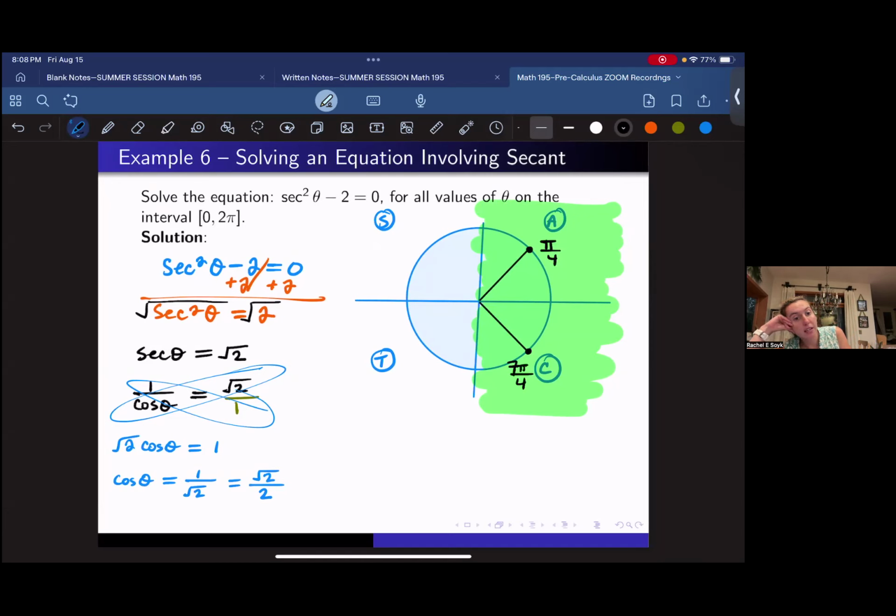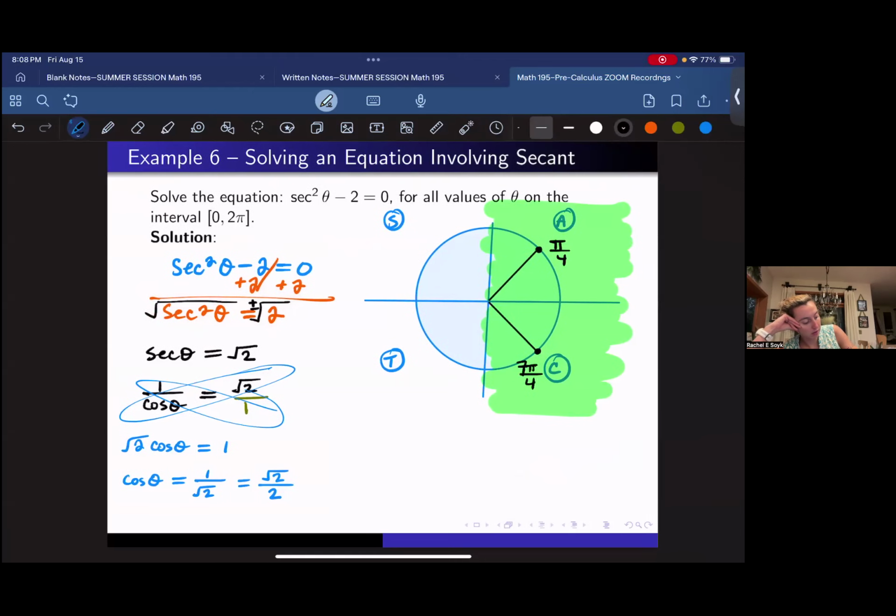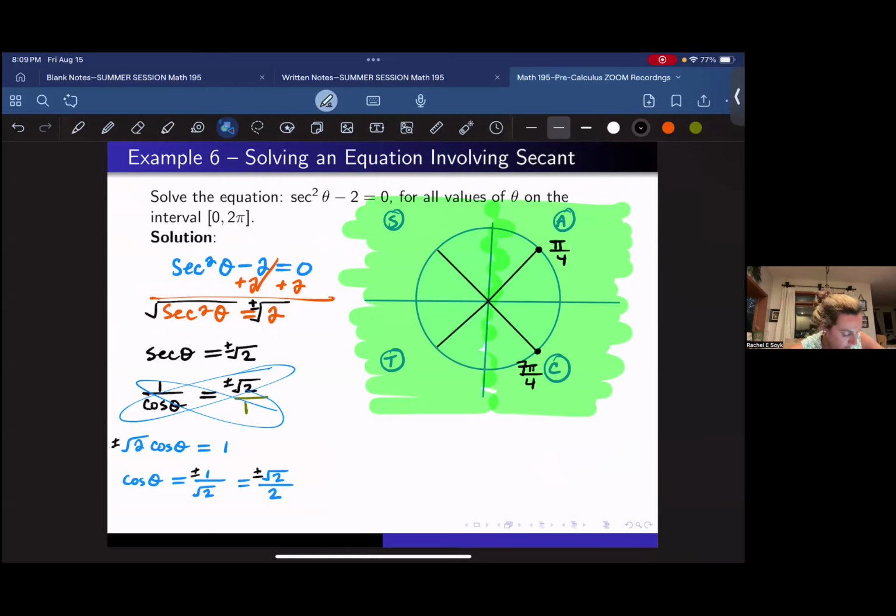Ooh, I made a mistake, right? Because when we take the square root, we need to account for the positive and the negative. Which means all quadrants are included. So let's go ahead and highlight everything. Draw in those additional terminal sides. That's why it's always good to check over your work.